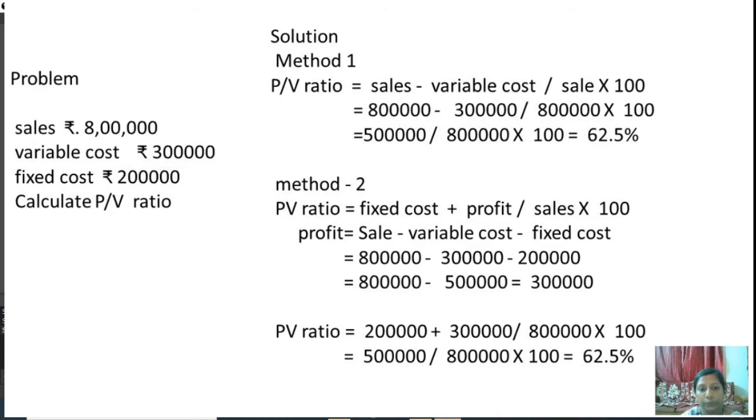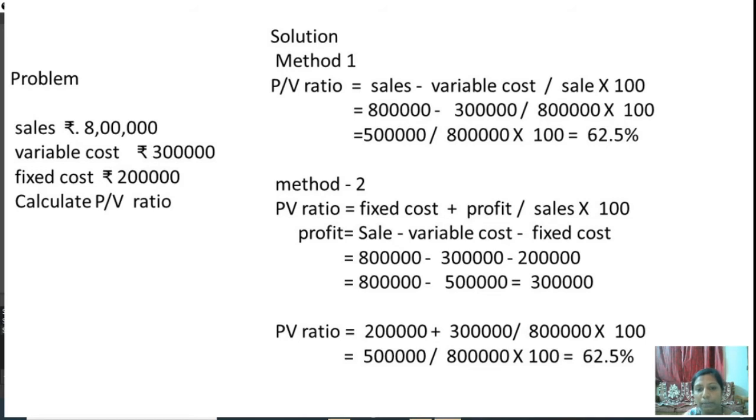PV ratio. Here we apply the formula: fixed cost plus profit divided by sales into 100. After calculating the profit, we now apply the values to the formula. Fixed cost amount is rupees 2 lakh, profit we already found is 3 lakh, divided by sales 8 lakh, into 100.